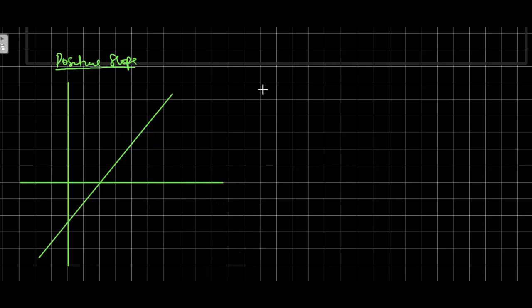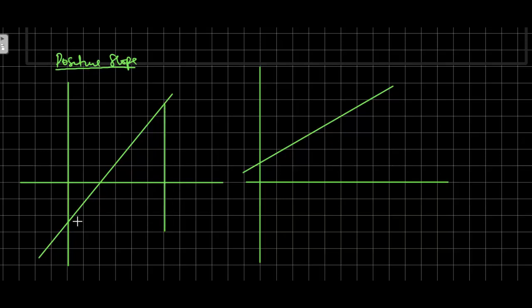If you have another one like this, it will still give you a positive as long as it rises up. Because at the end of it, if you want to draw the right triangle, it will face the right hand side, and as long as it's facing the right hand side, the slope will be positive.